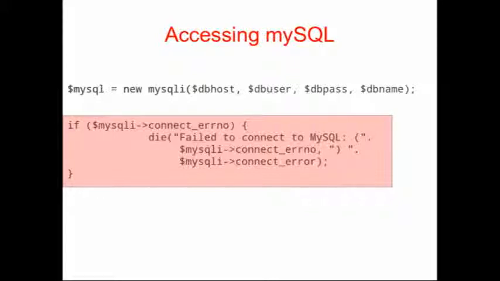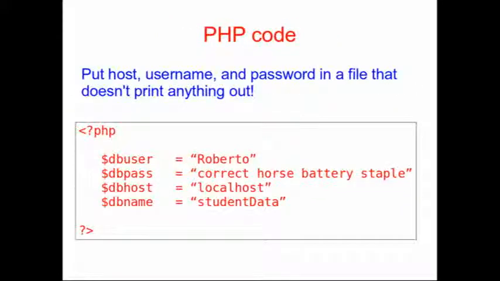So remember, at the beginning, we were talking about files that don't produce any output. That's kind of a weird behavior. Why would you want to have a file that doesn't print any output whatsoever? One of the places that you'd like to do that is to have a separate file that contains the host, the username, the password, and the database name that you're going to connect to.